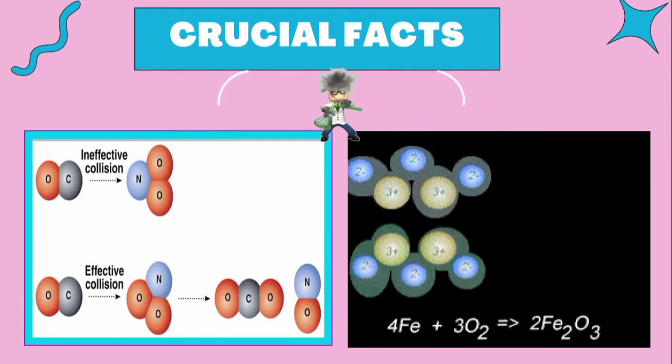This means that for a reaction to take place, there must be an effective collision between the reactant molecules. And for effective collision to take place, the reactant molecules must have enough energy to overcome the energy barrier. And not only that, they must also collide in the correct orientation for that to result in the formation of product. Else, no new product will be formed, and such collision is referred to as ineffective collision.